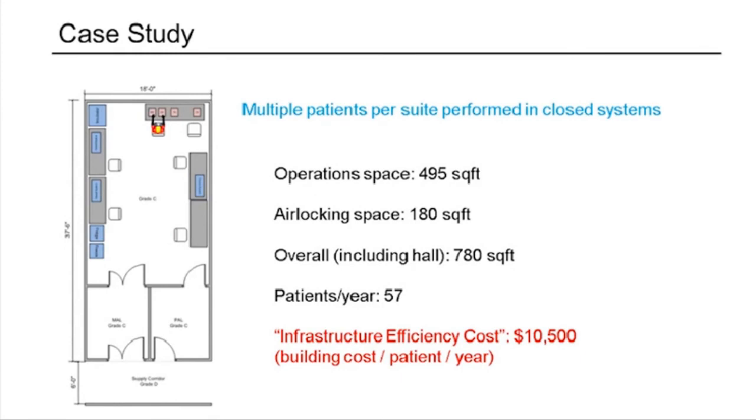And then the last one is going to be multiple patients per suite, but performed in closed systems as opposed to open systems. So in this example, we've declassified the room from a grade B background to a grade C background, or going from ISO 7 down to an ISO 8.